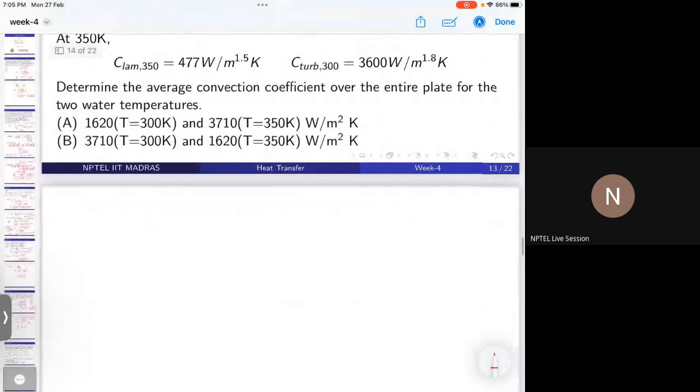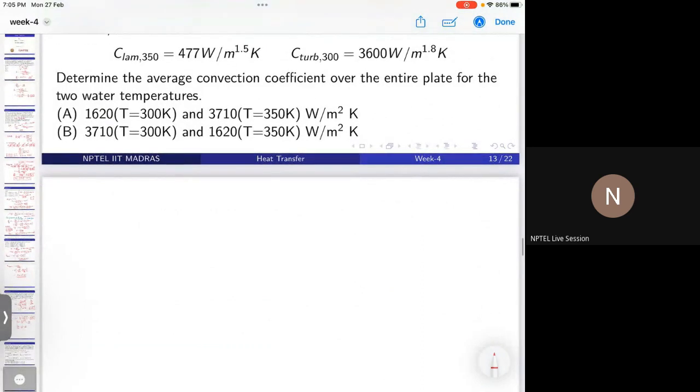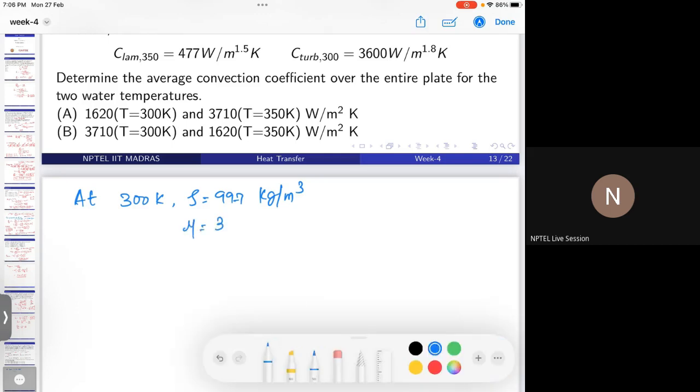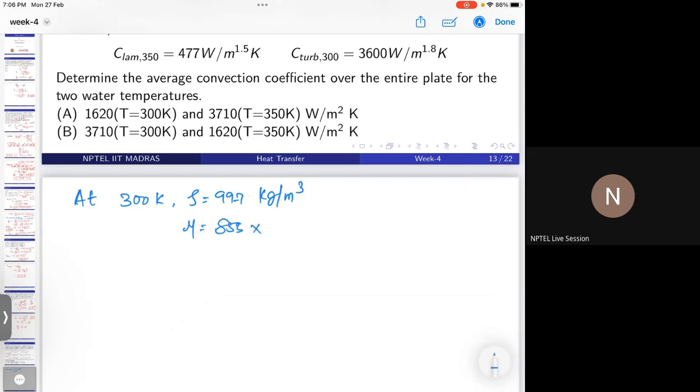Okay, so what is missing here is the properties of water that you may need. At 300 Kelvin, you can take density as kilogram per meter cube, and viscosity as 855 into 10 raised to minus 6 Newton second per meter square.